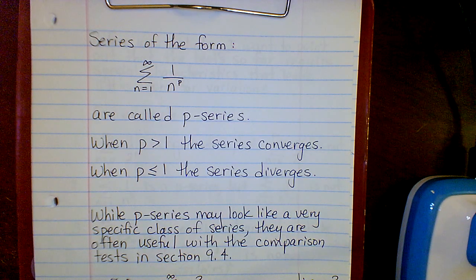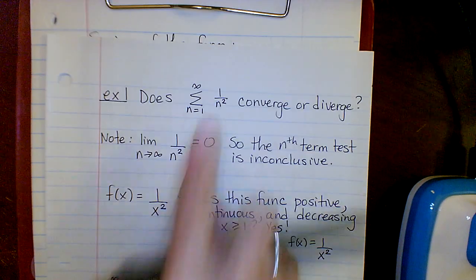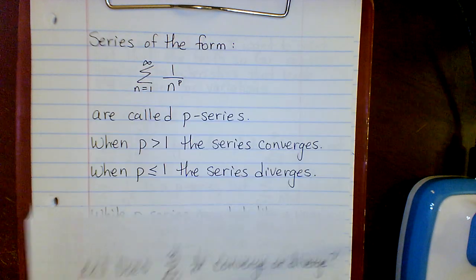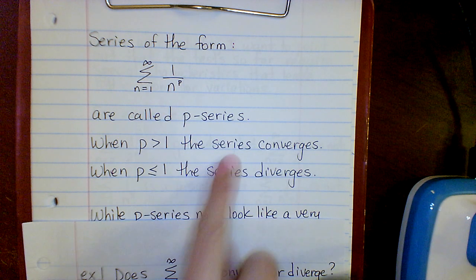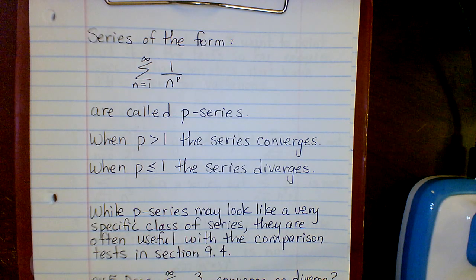The very first example that we did was 1 over n squared. That's a p-series where p is equal to 2. That's bigger than 1, so it should have converged. And it did. So, yeah, I figured I would go back and point all that stuff out.